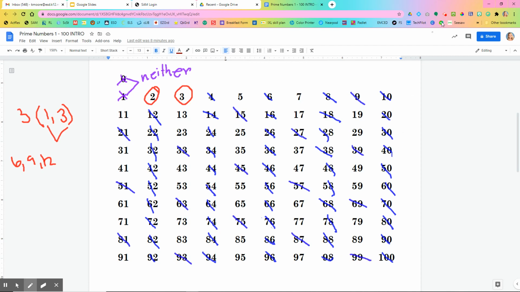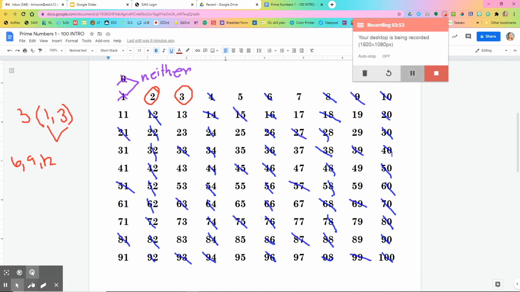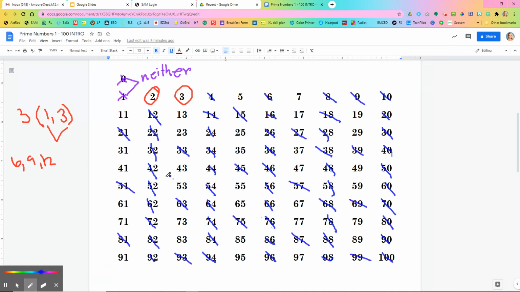And 99 is divisible by 3. All right. So that's all of my multiples of 3.